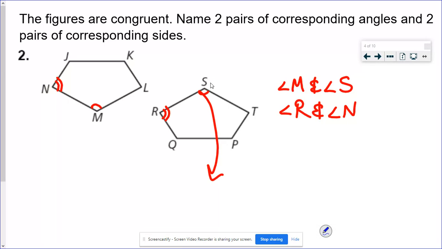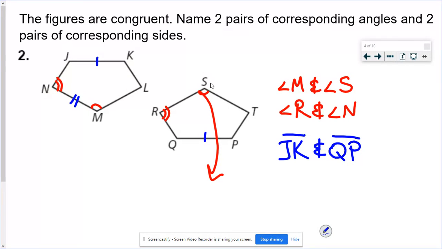Let's get our side pairs. I would say that JK, this side right here, seems pretty clear that it's going to match up with this one. So JK, that segment, is going to match up with QP. And then if I would want to pick one other one. I like when I've got stuff like M and N that both have angle marks.